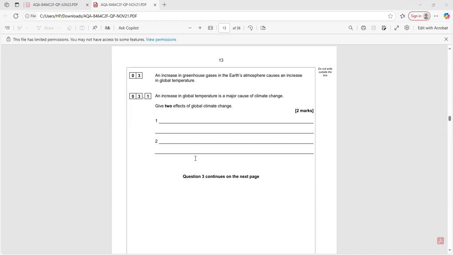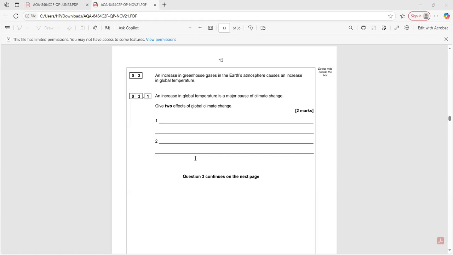So here it says an increase in global temperature is a major cause of climate change. It now says give two effects of it. So you can mention what we said. I don't think it will be helpful to mention increase in global temperature, but we can say for sure what climate change can cause, right?